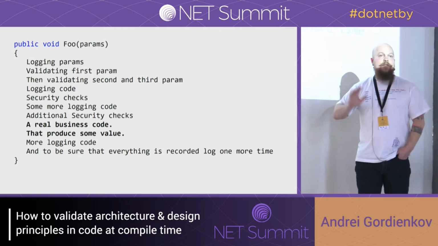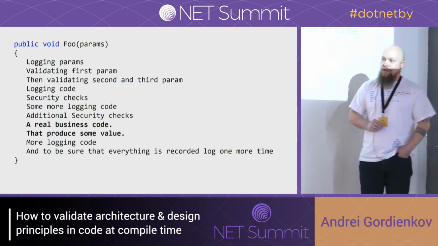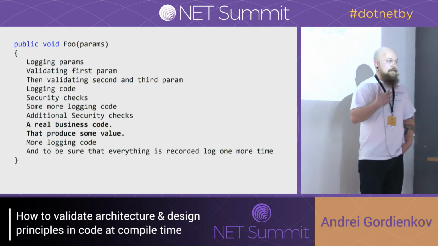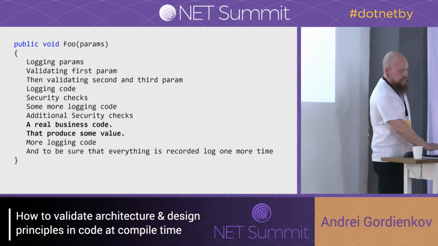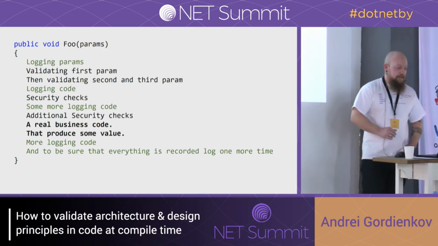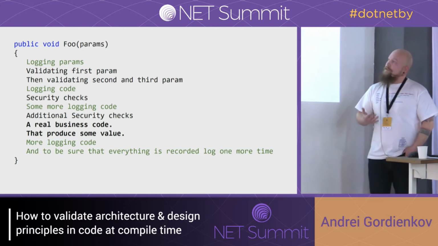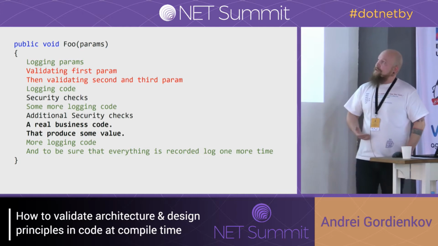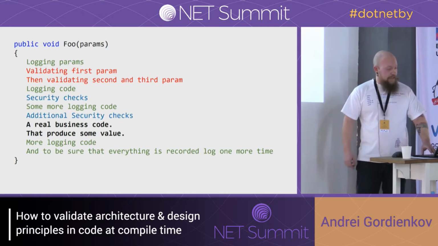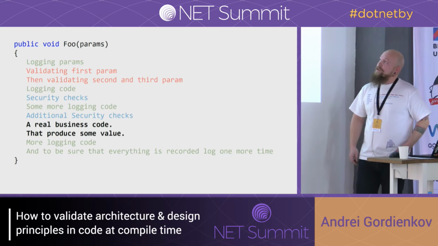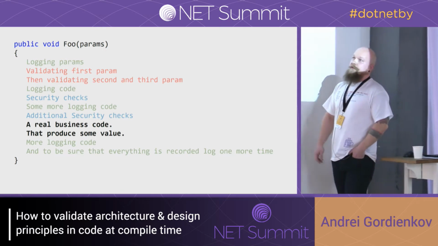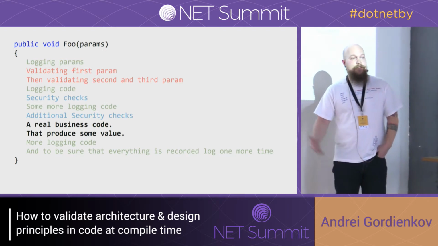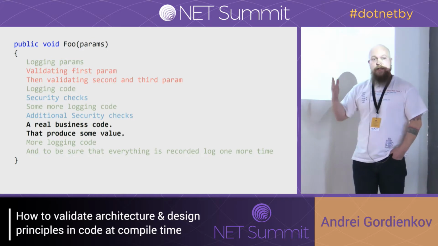The rest is additional infrastructure code that supports you from business perspective, from security, and so on. So we have some logging code, then some validation, security checks. And finally, we have only 2 lines that reference real business logic, right? The rest can be done somewhere else.